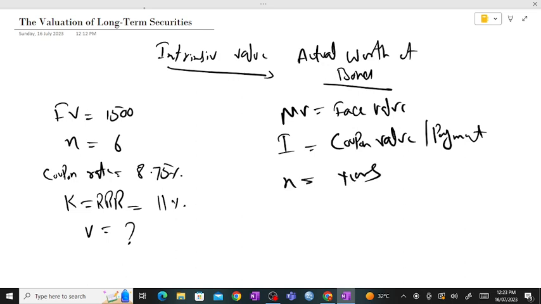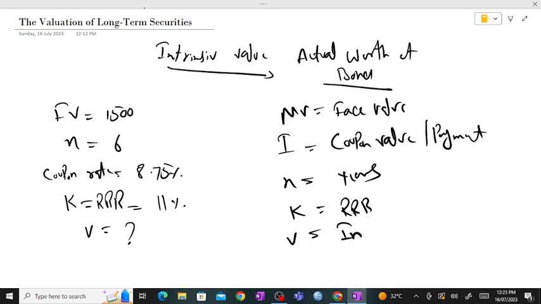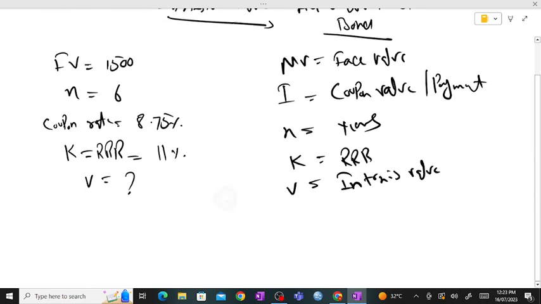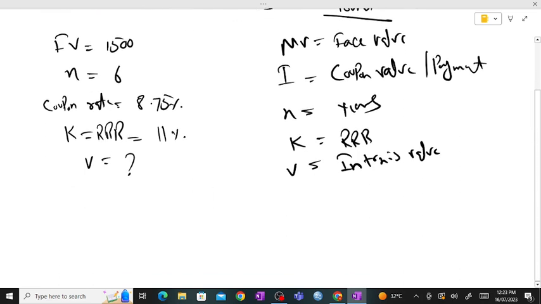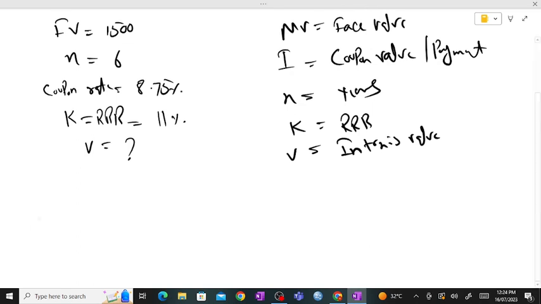Then we have K, which is known as required rate of return, and V, which we have to find, is known as intrinsic value. Now, we already have information regarding the company's offer.